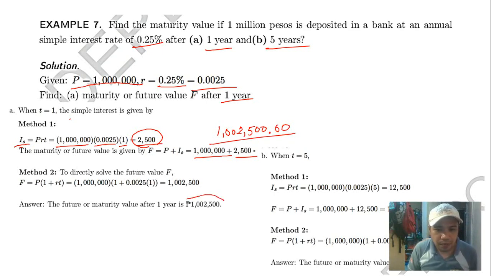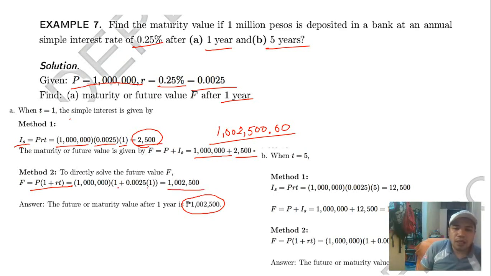Or, we will try to use this formula, P times 1 plus RT, is 1 million times 1 plus 0.0025 times 1, which is equal to 1,002,500.